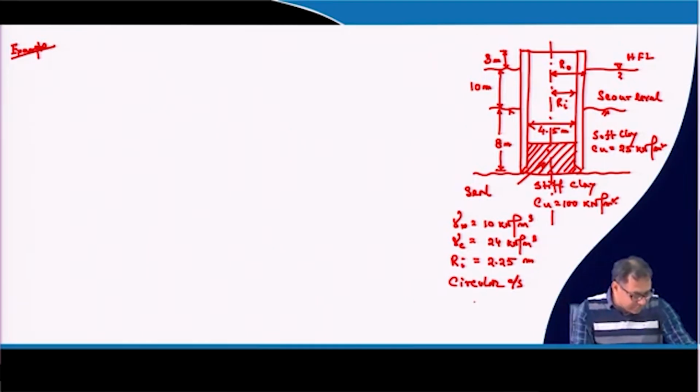We have to determine the thickness of the seal, and then do those two checks that I have discussed. I will solve this problem in the next class, because in this class I have given the input parameters, the properties of the soil for that particular open well. Next class I will discuss how we can determine the thickness of this seal. Thank you.